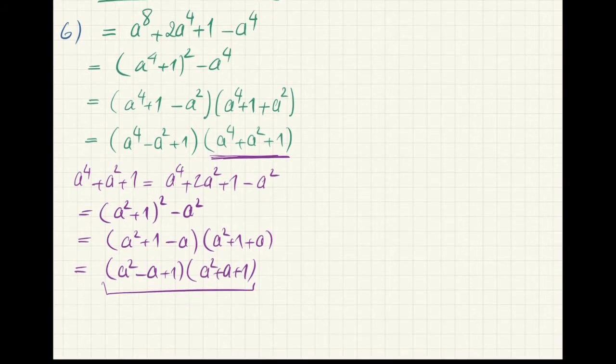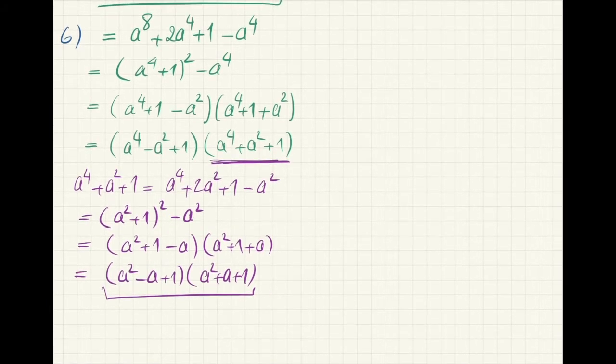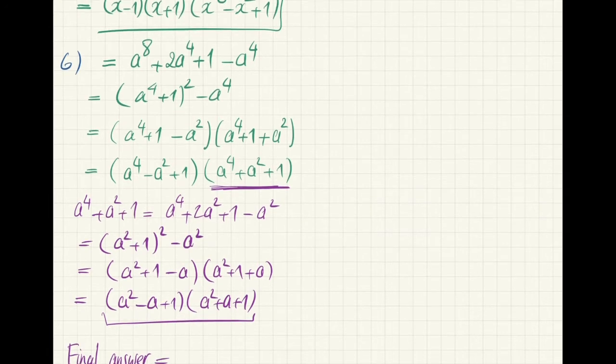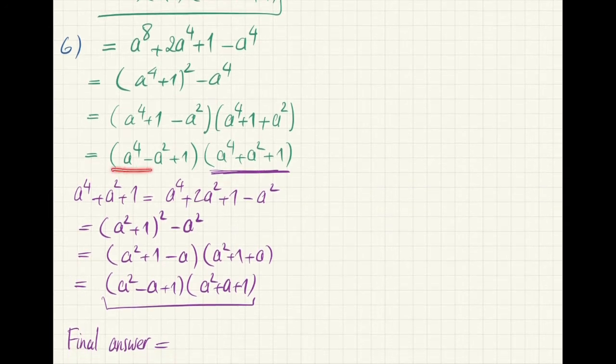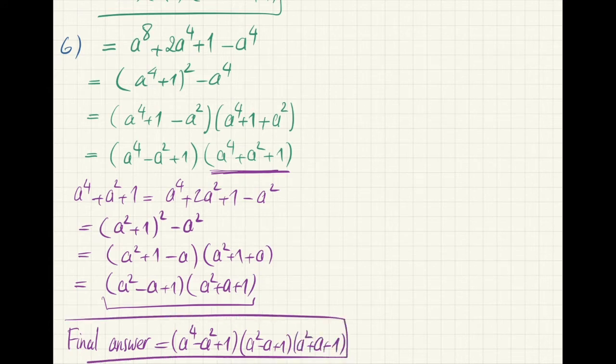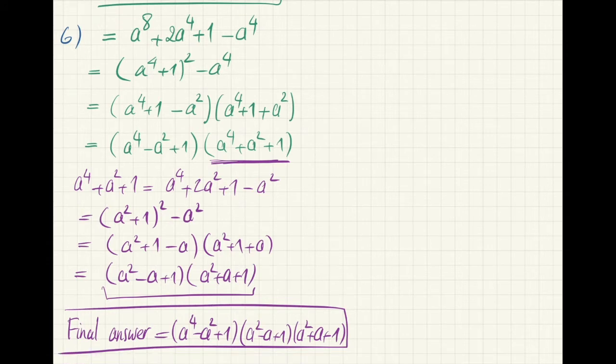So finally my final answer is equal to, I have this one, and instead of this I put this product. Yes, so what I get is a to the 4 minus a to the 2 plus 1, then I have a squared minus a plus 1, then I will have a squared plus a plus 1. That would be my final answer to this problem.